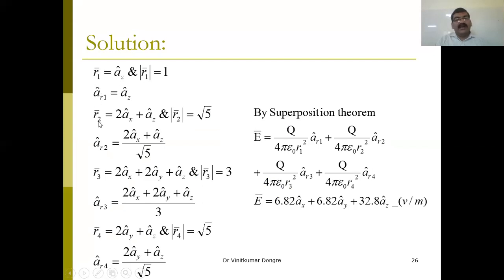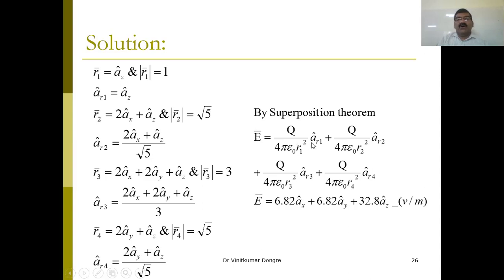This way you can calculate R2, the unit vector of R2, R3, the unit vector of R3, R4, and the unit vector of R4. So simultaneously you can do this by the superposition theorem. What is the theorem? That is the addition of all charges. So Q upon 4 pi epsilon 0, instead of R, you can put R1 square aR1, R2 square aR2, R3 square aR3, R4 square aR4.